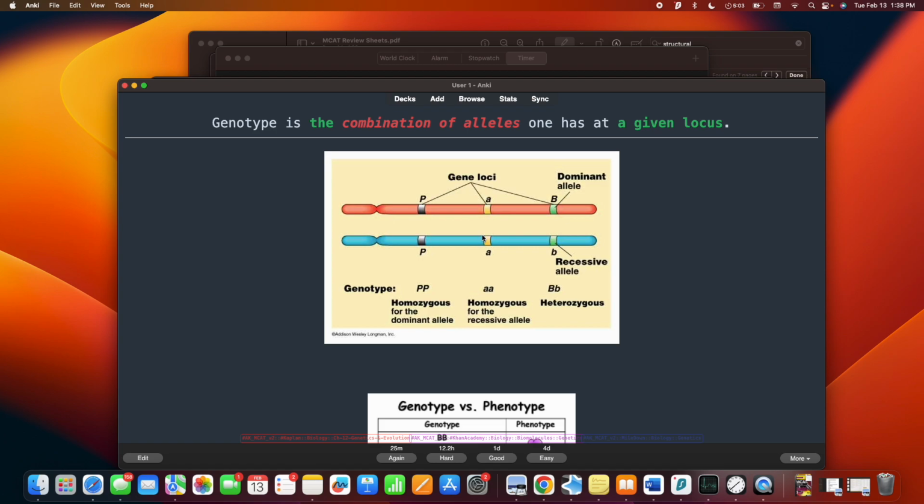This is honestly a hard one for me, but we know genotype is just the BB, like heterozygous or homozygous genotype, right? So it's the variation of the alleles one has at a given locus. The locus is on the gene, right?